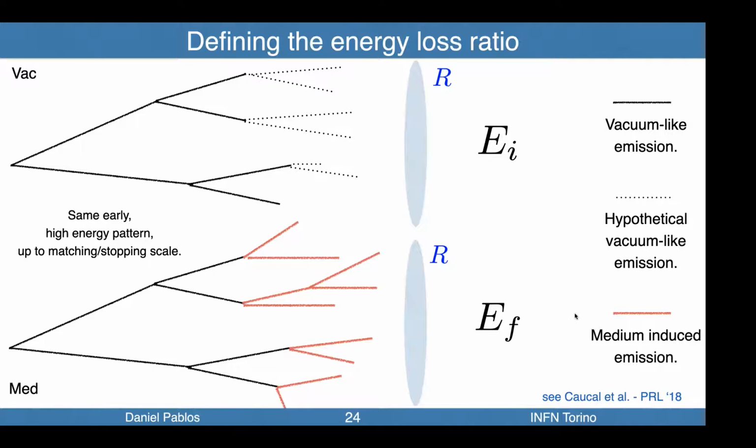So if you have a shower in the medium, there are some scales for which it's completely dominated by vacuum-like physics, and then at some point the interferences with the medium should occur or the medium should dominate. That point at which the medium scale becomes important would be represented by these dotted lines.